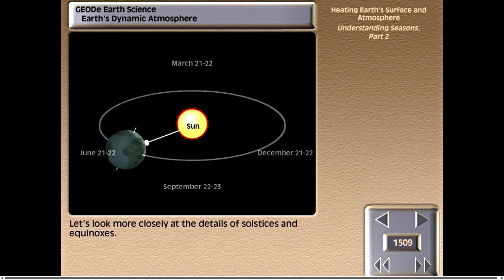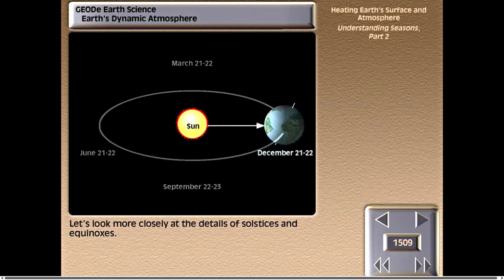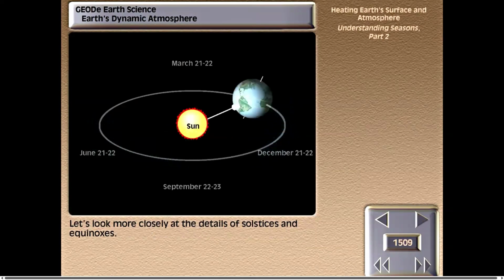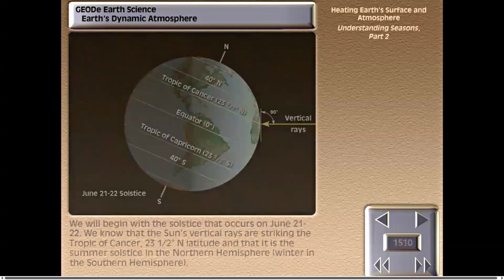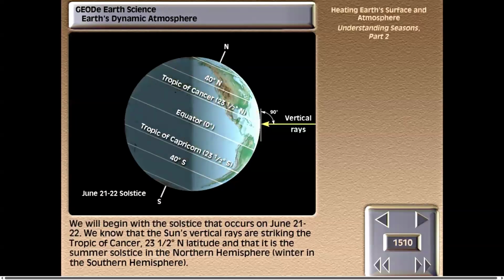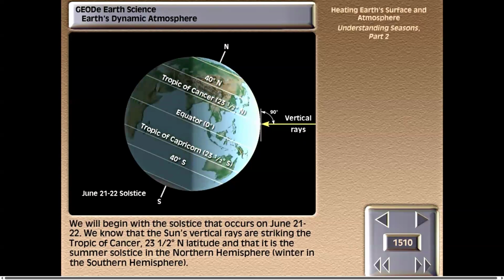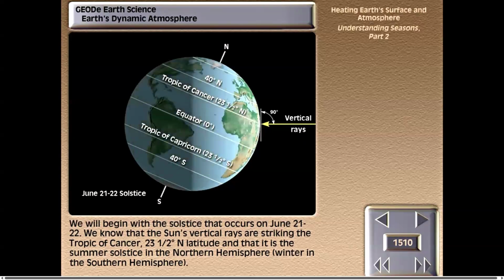Let's look more closely at the details of solstices and equinoxes. We will begin with the solstice that occurs on June 21st or 22nd.